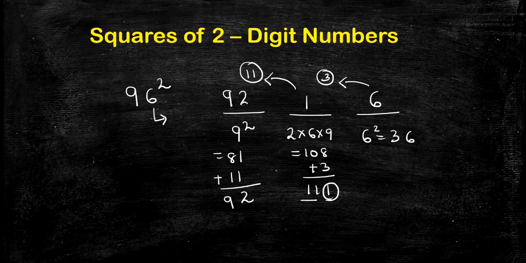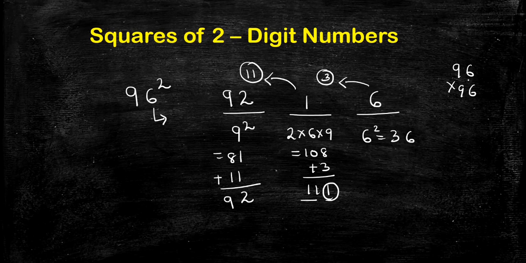You can use your calculator and check that 96 square is equal to 9216. Normally, if you would be calculating this, you would be multiplying 96 by 96, and it would take a very long time for you to complete these calculations. So you can use this short trick to find the square of any two-digit number.